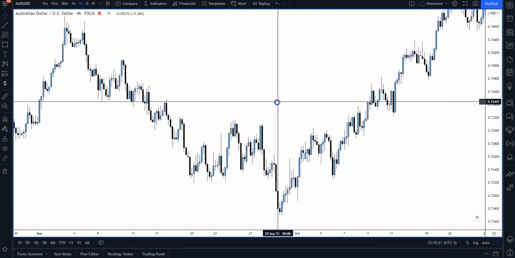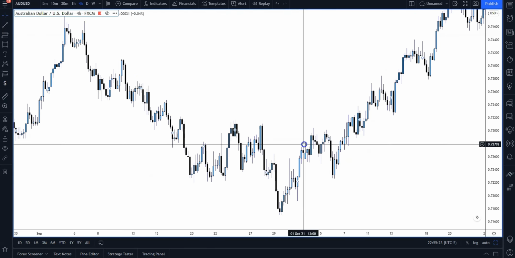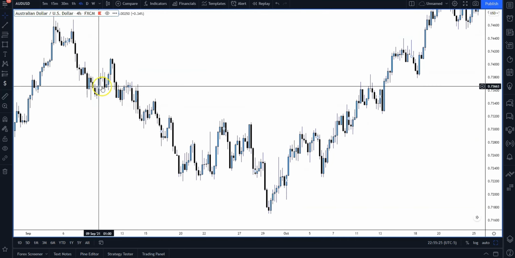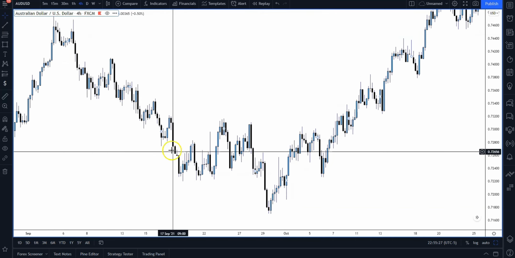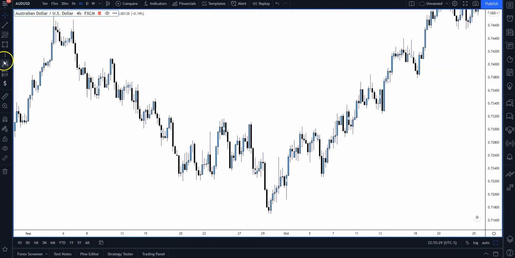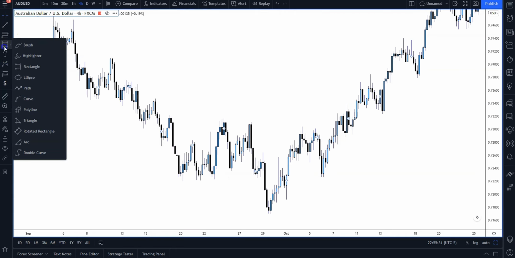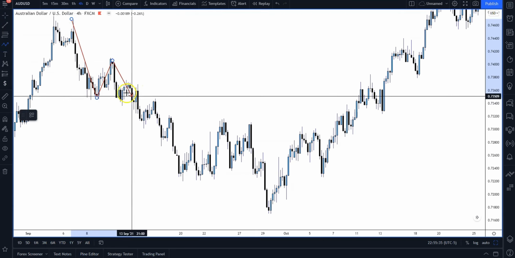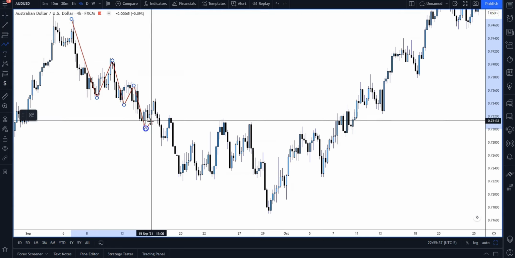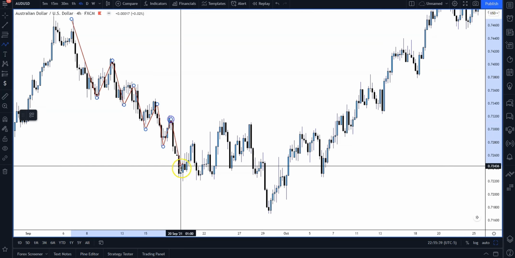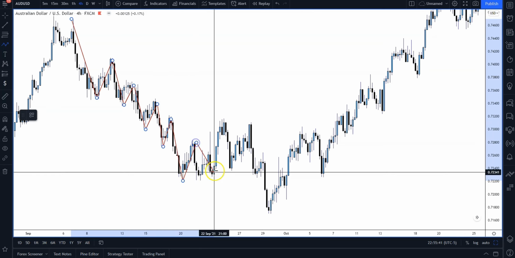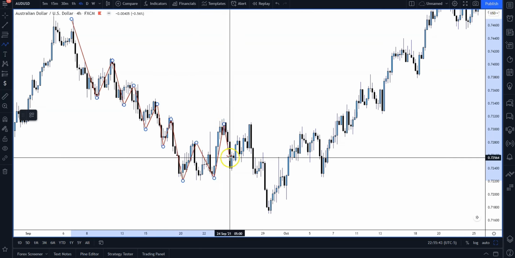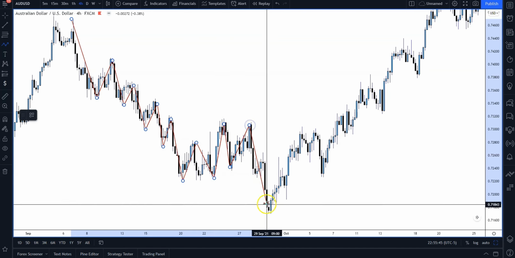This is a perfect example, AUD USD. See how it's going down? To make it easier for you to see, we could do the small ones. That one broke. Boom.